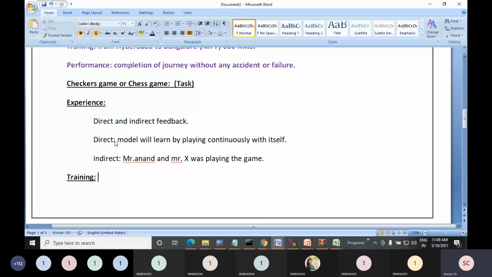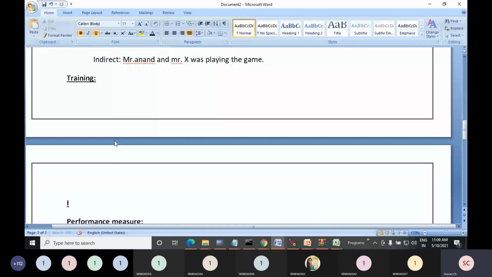So training is nothing but if I feed the past data of the game played by winners or players, that data can be used as experience.